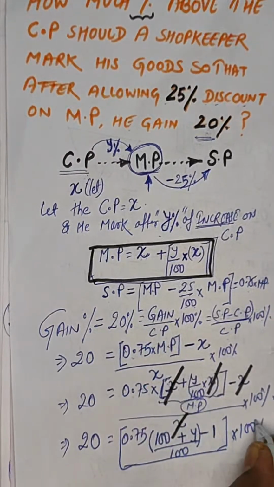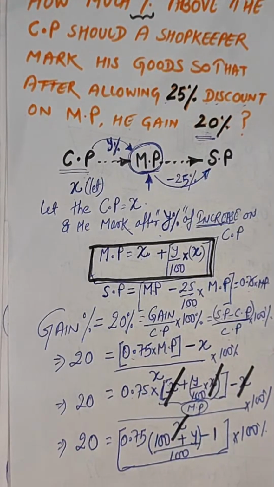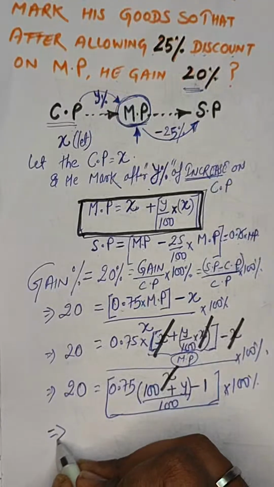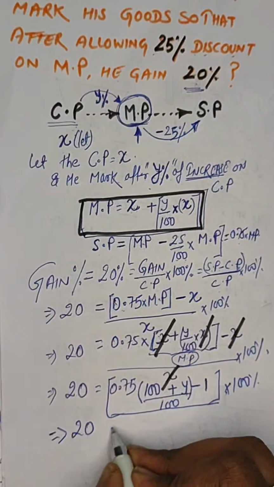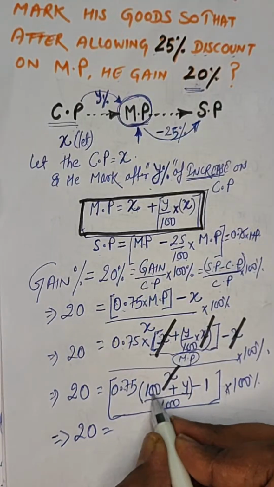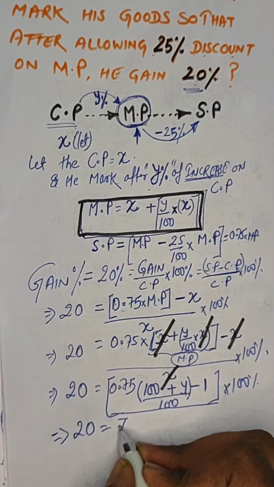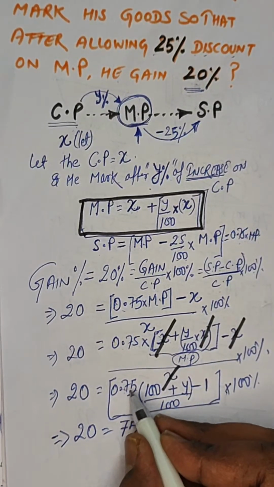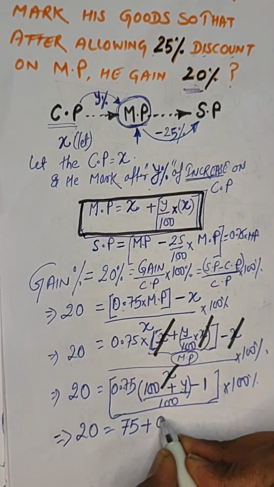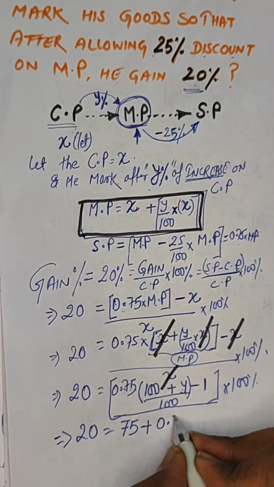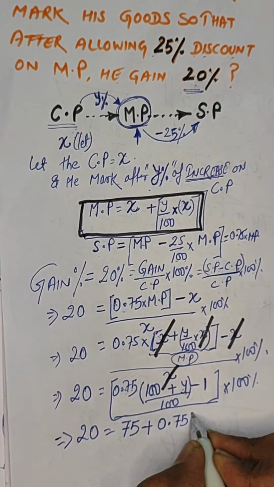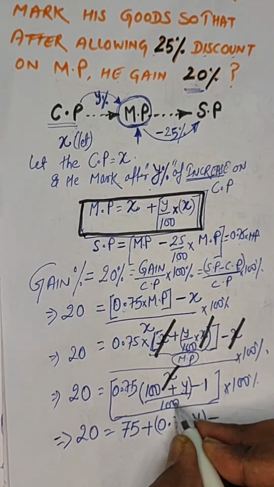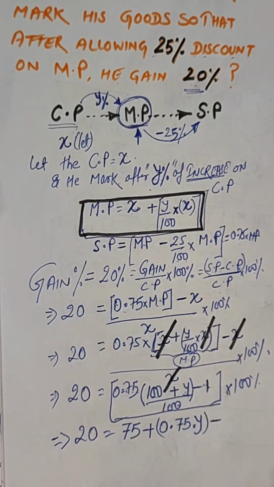So we are left with this into 100%, right? When you further solve it, 20 is equal to, just multiply 100 with 0.75, it becomes 75 plus 0.75 into y, and after taking the LCM, this 100 will be multiplied with this one.